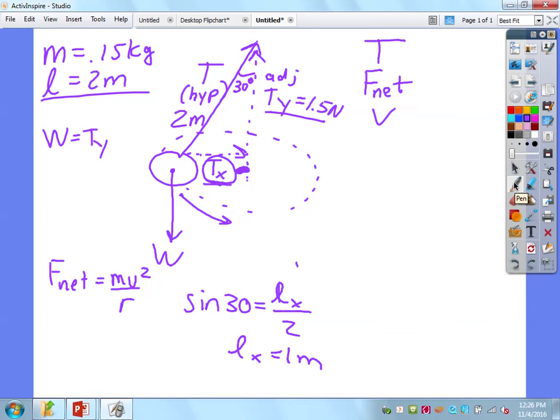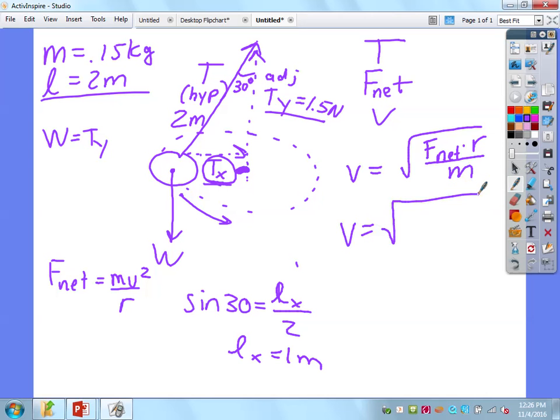If I rearrange my formula, V equals the square root of F net times R over m. So V equals the square root of my net force, what did I say my net force was? 0.87 times 1 over the mass, 0.15.